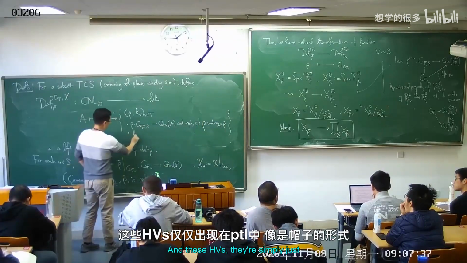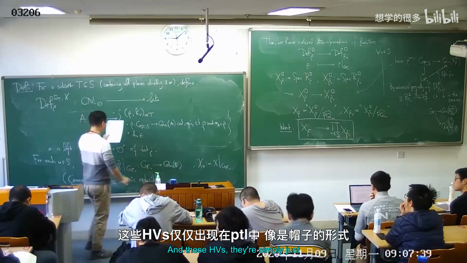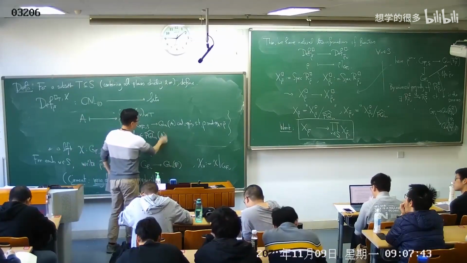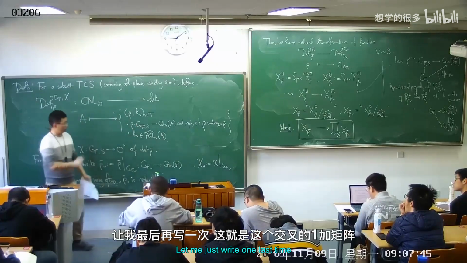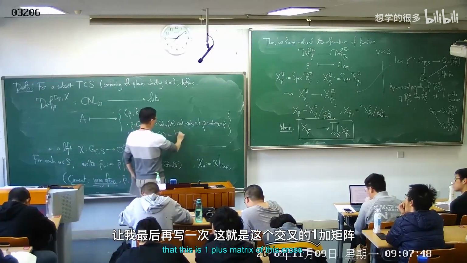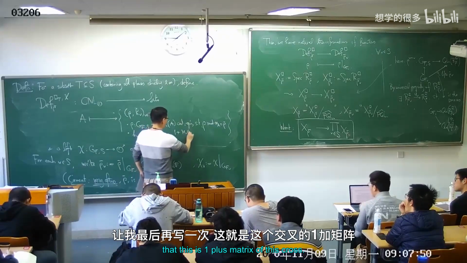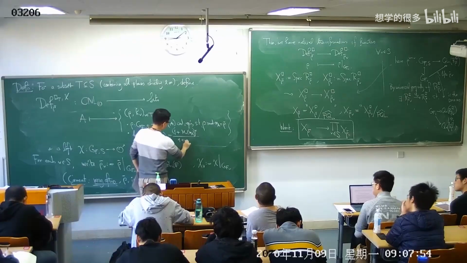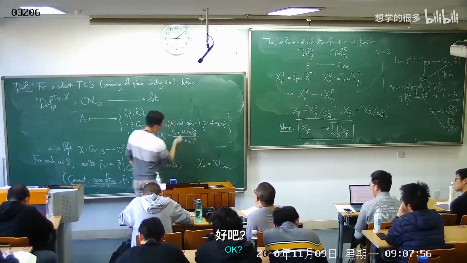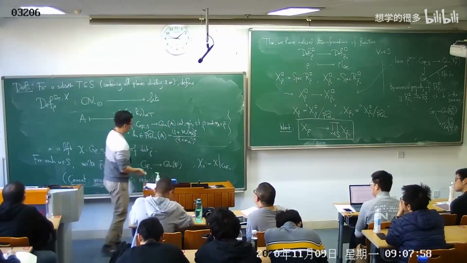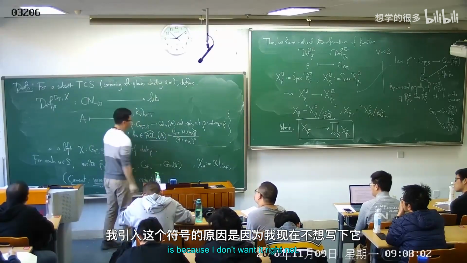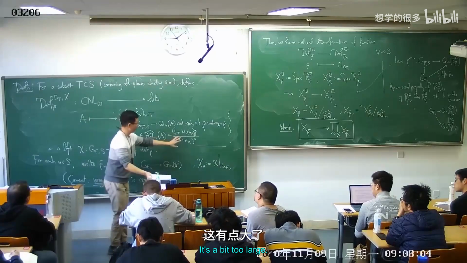And these H_v are simply elements in PGL_N hat A. Let me just write one last time that this is 1 plus matrix of this cross modulo 1 plus matrix cross. Later on, the reason I introduce this notation is because I don't want to write that. It's a bit too large.